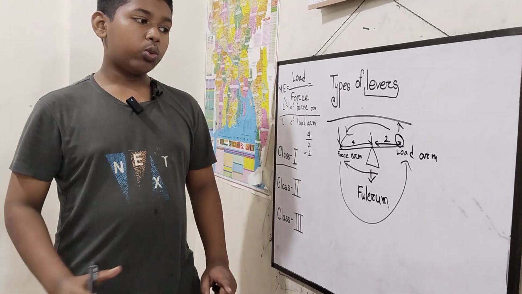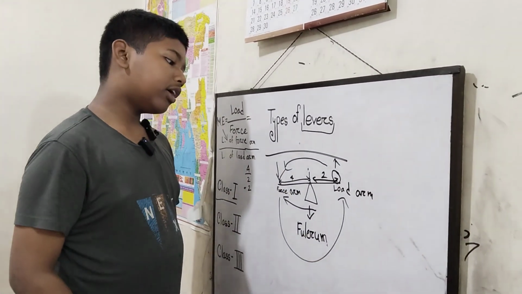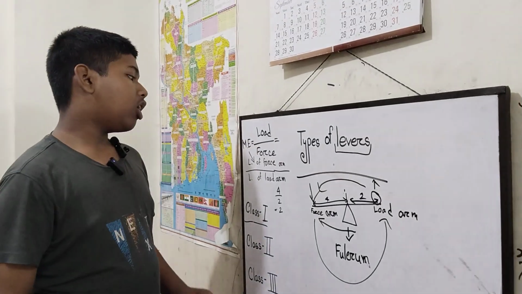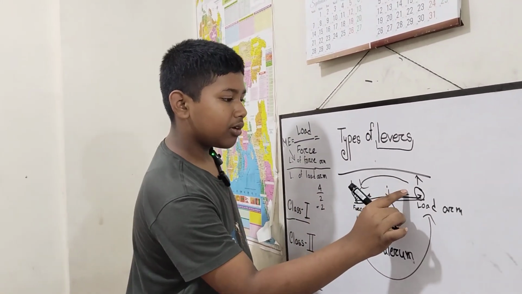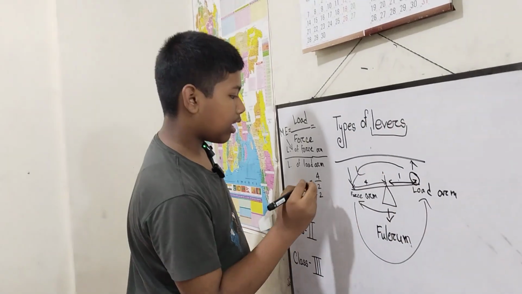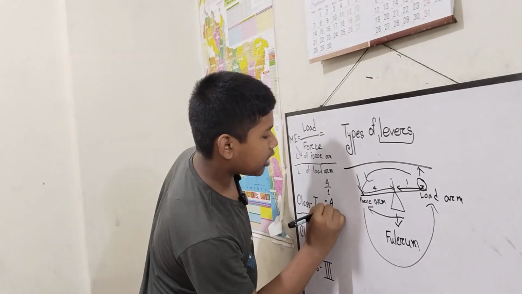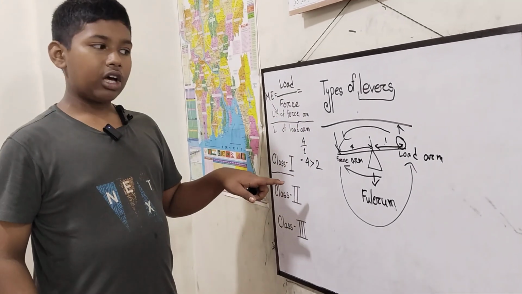At first, we have to decrease the load arm, or we have to increase the force arm. Because you see, if we decrease the load arm, let's say the load arm is 1, then it will be 4 by 1. So you see, it is definitely bigger than 2.